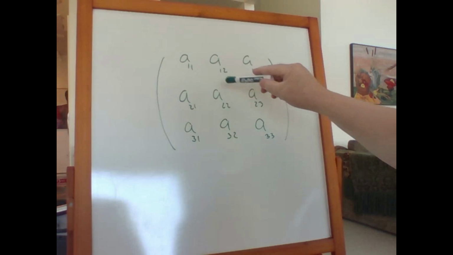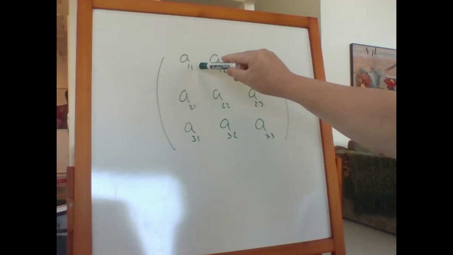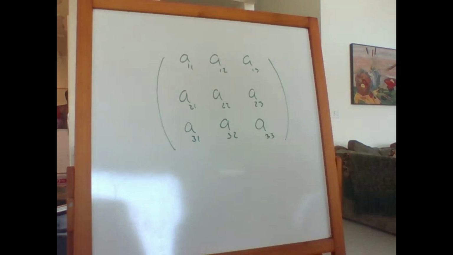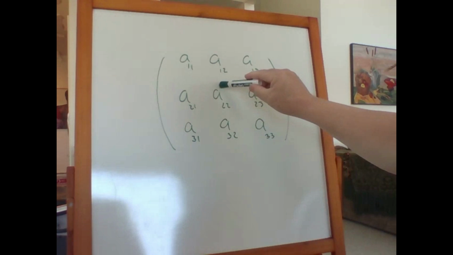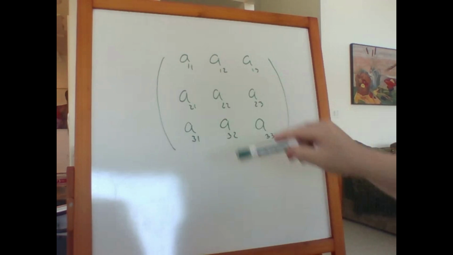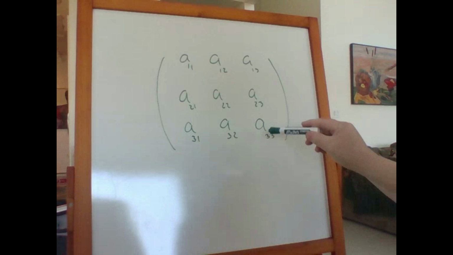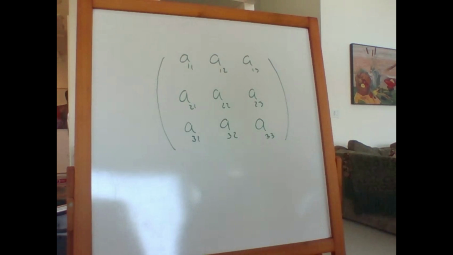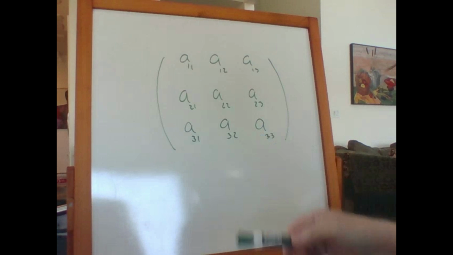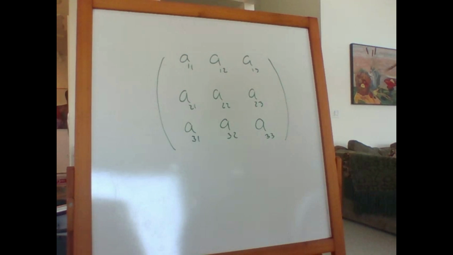This is a matrix array. So A sub 11 denotes this position, A22 denotes that position, and A sub 33. And it's all for keeping things in order when you perform operations.